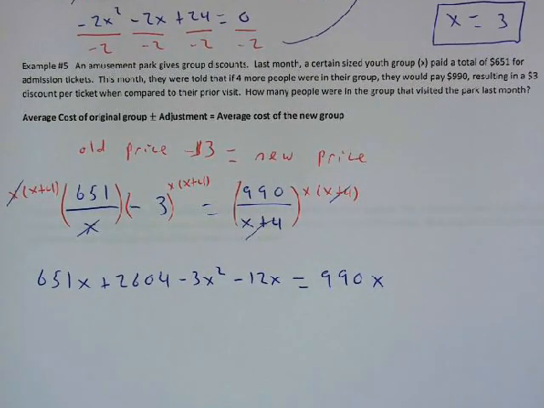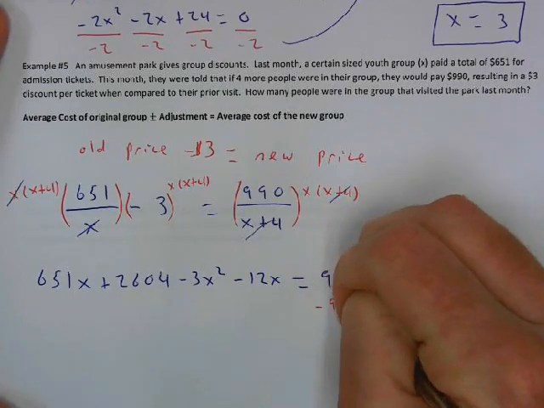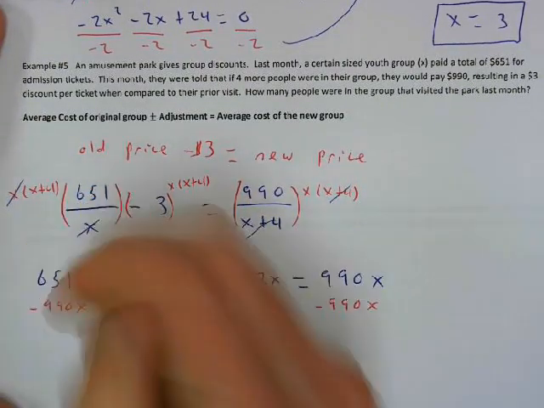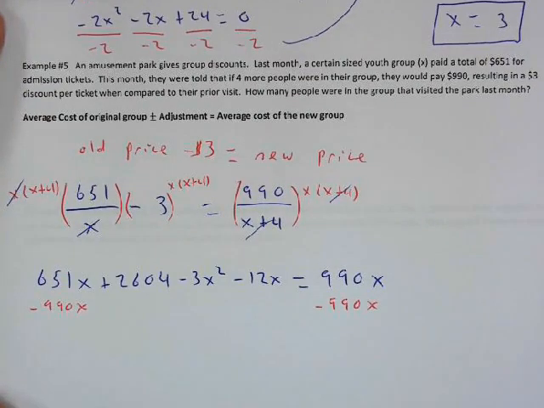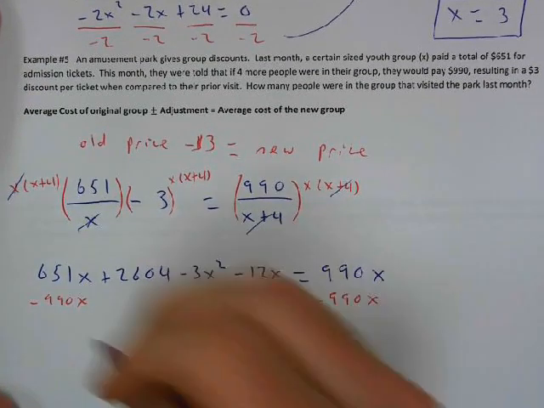All right, so we've got our problem set up. The first thing we want to do, since it's a quadratic, is set it equal to 0. So I want to start off by subtracting 990x from both sides. Then let's write this in descending order, so I'm going to do my x squared term first. That's going to give us negative 3x squared.